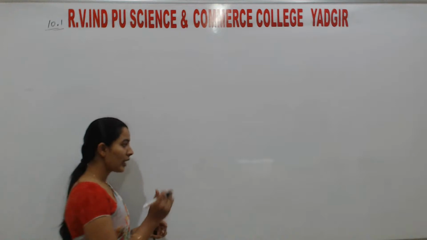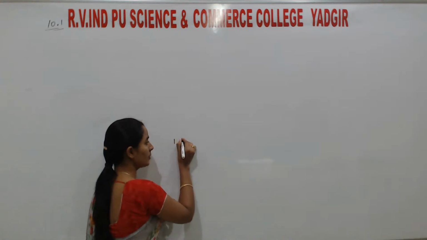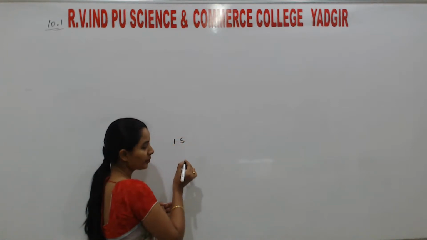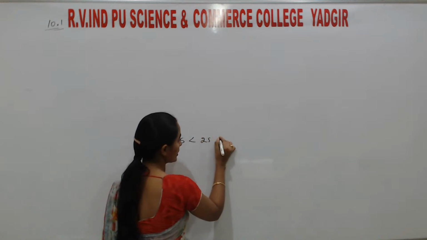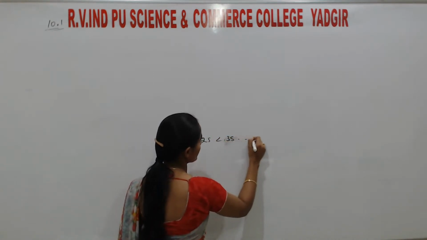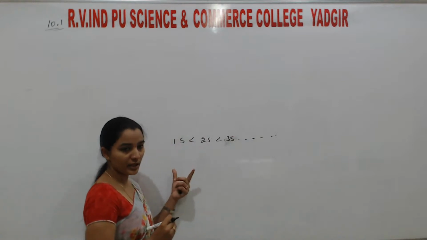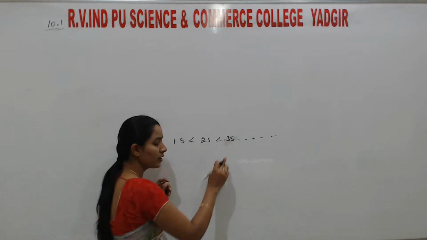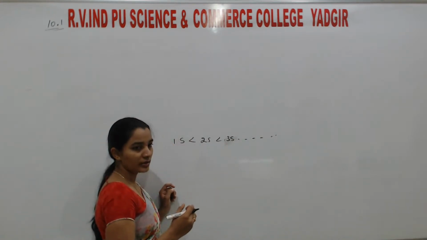Okay. So in the last class I told you, for s orbitals, the energy must be like 1s, 2s, 3s and so on. If the shell increases, energy also increases.